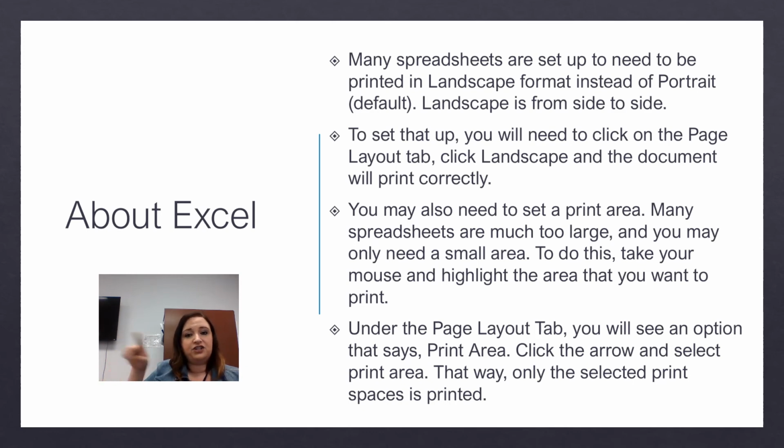So click that section. Then you'll go under the Page Layout tab. You'll see an option that says Print Area. Click the down arrow, and then it'll say Set Print Area. Once you do that, you'll be able to print just that selected area and get the information you need.